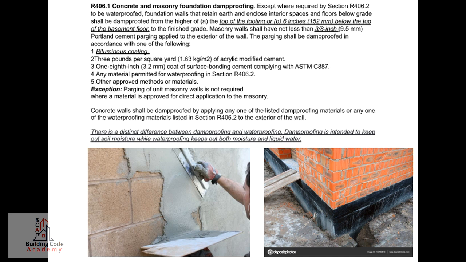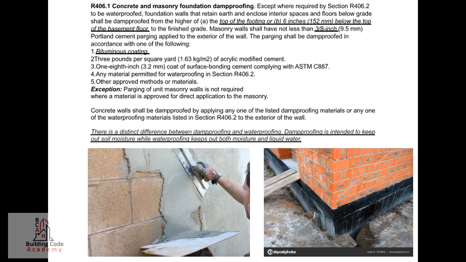Any material permitted for waterproofing in Section R406.2. 5. Other approved methods or materials. Exception. Parging of unit masonry walls is not required, where a material is approved for direct application to the masonry.